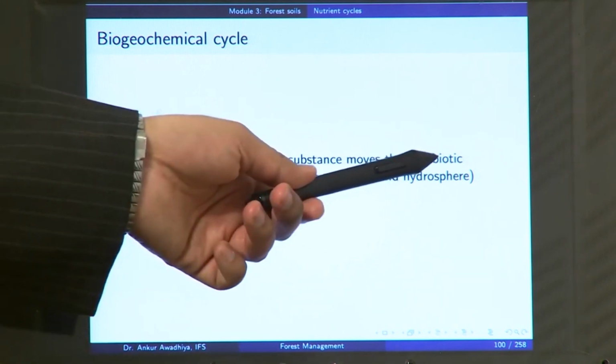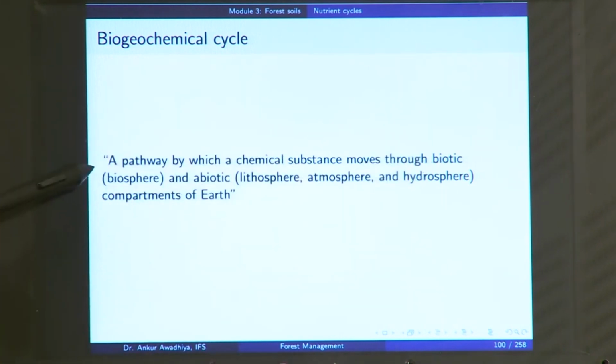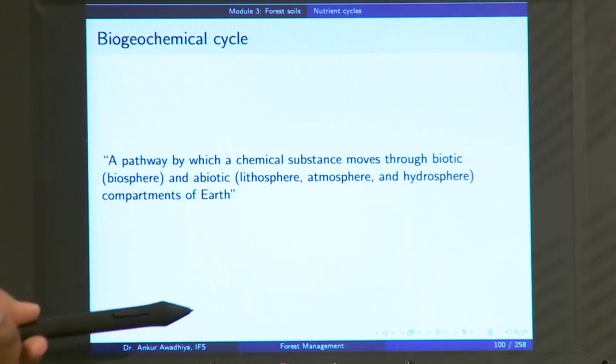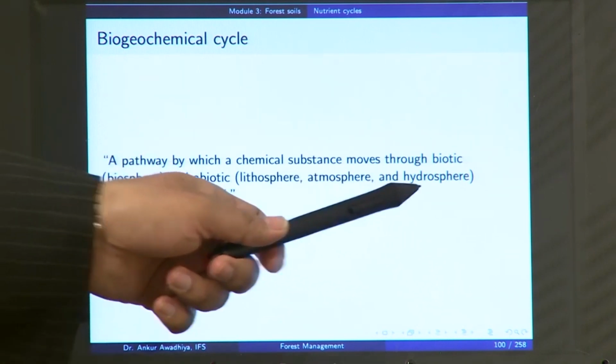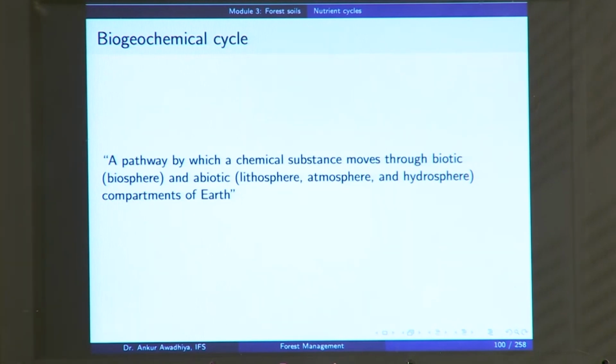Biotic compartments are the living compartments such as the biosphere, and the abiotic compartments are the non-living compartments such as lithosphere, atmosphere and hydrosphere. So, what we are saying is that the nutrient or the chemical substance is moving both through the bodies of the living organisms, and it is also moving through the rocks, the soil, the water and the air.